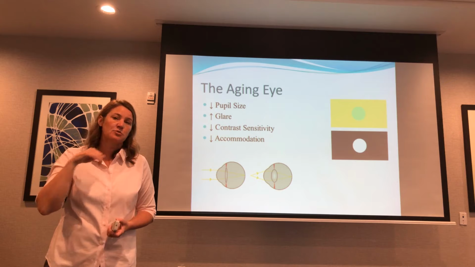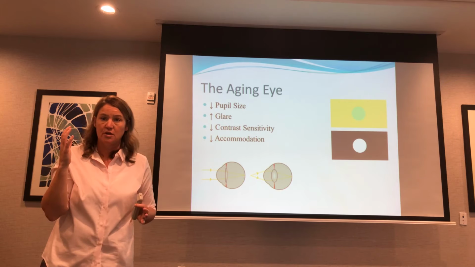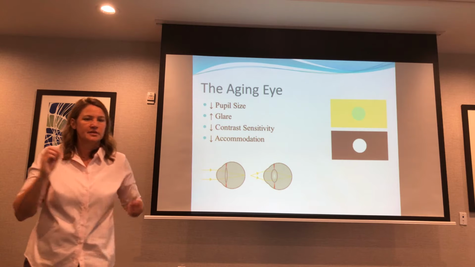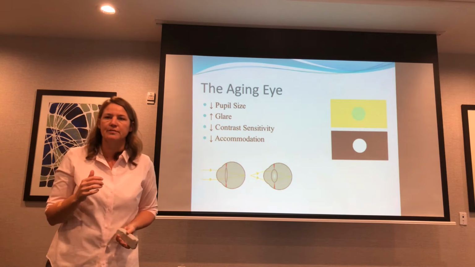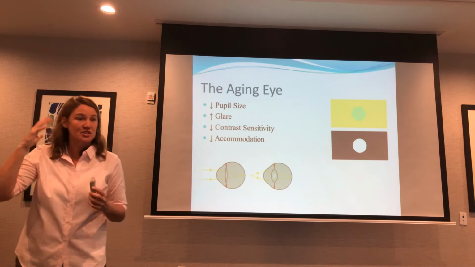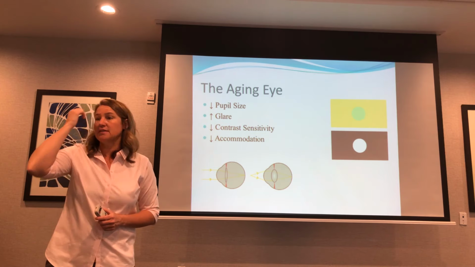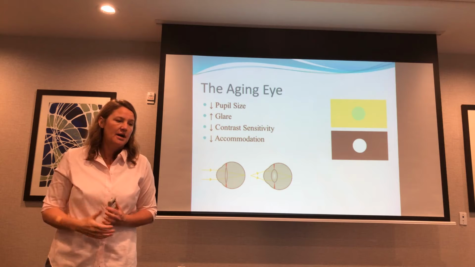You've all probably had the experience where you turn a corner, going to work or coming home from work, and the glare blinds you. Or you've been skiing and the sun is coming off the snow. I know we live in Florida, but it might have happened. That glare just kind of blinds you. That can happen much more frequently and be more disabling to someone who's elderly.